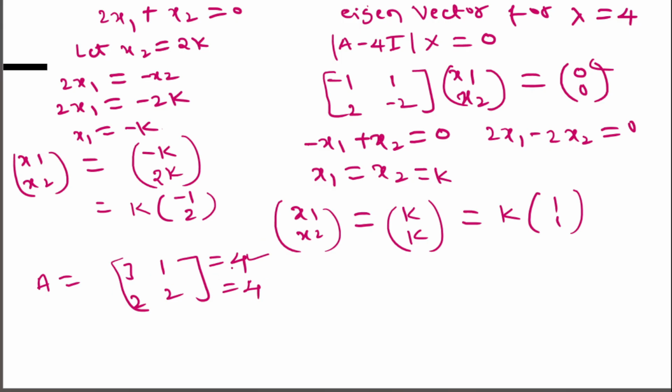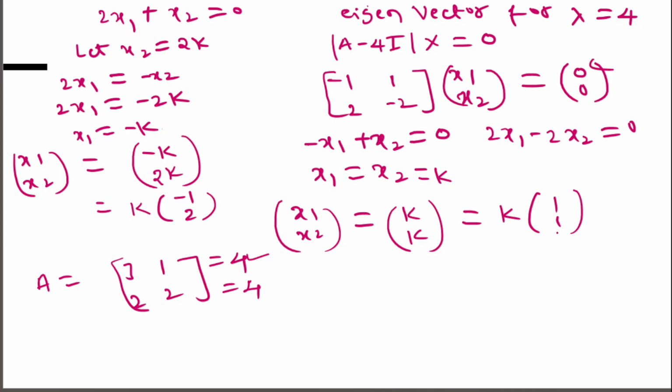When the row sums are equal, then that sum, 4, is the eigenvalue of this matrix. The corresponding eigenvector for lambda equal to 4 is 1 and 1. This is the result: when the row sum is the same, its corresponding eigenvector will be 1 and 1. In this way, you find the eigenvector and eigenvalue of the matrix.